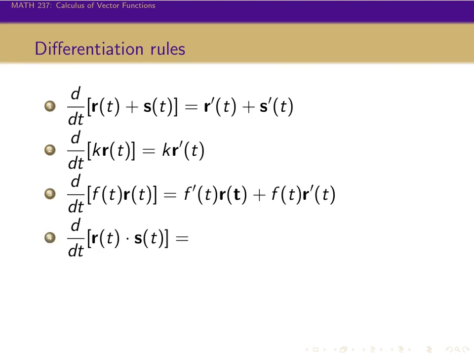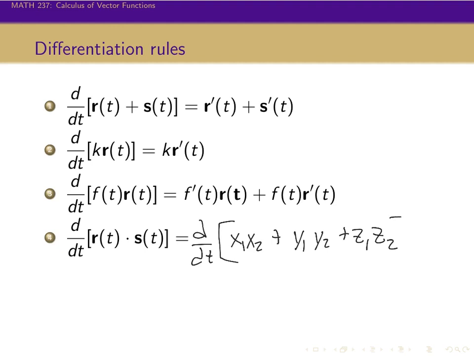Okay. So what if we're doing the dot product between two functions and then taking the derivative of that? So remember the dot product, if this is x1, y1, z1 and x2, y2, z2, then the dot product is going to be x1 x2 plus y1 y2 plus z1 z2.